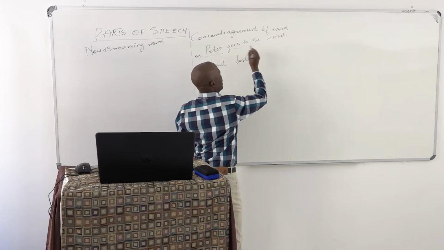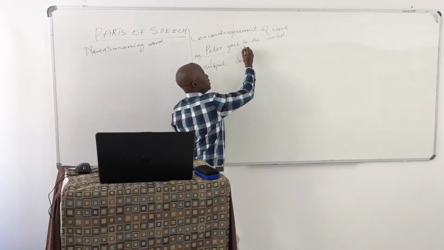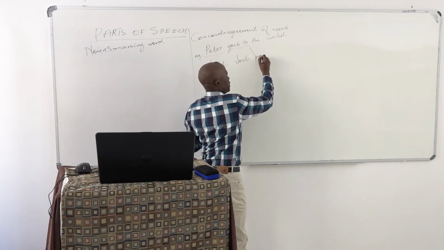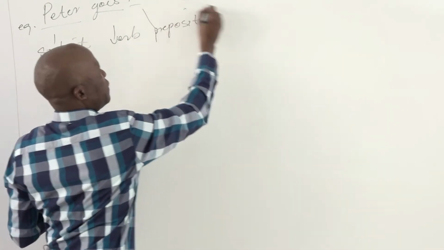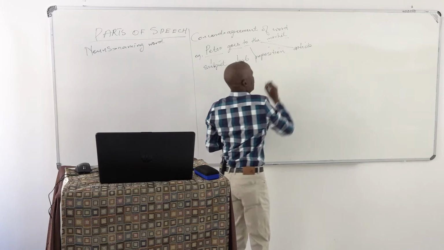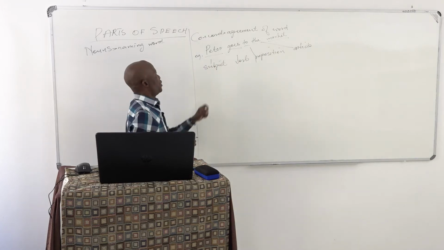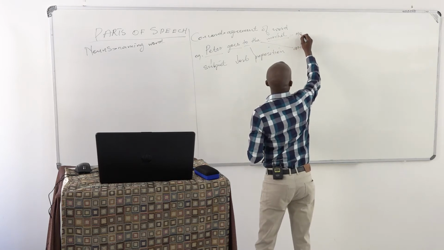Now we are talking about parts of speech. To is a preposition. We also have the as an article. Now, market. Market is also a noun. I'm going to explain this further later.